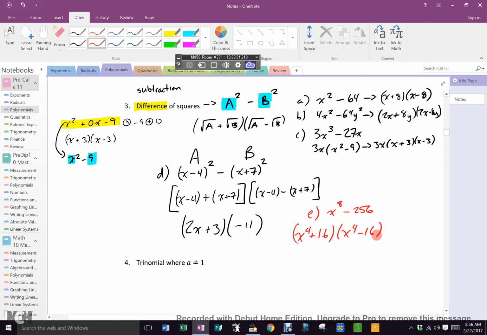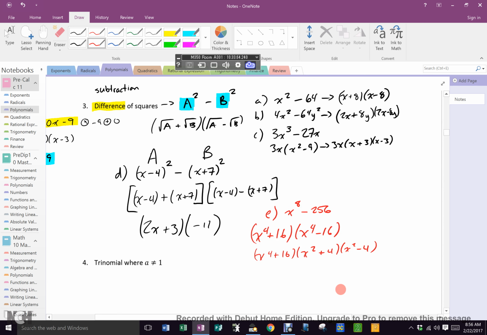Why not? Because that's got a square root and that's got a square root, doesn't it? So I have x to the 4th plus 16, x squared plus 4, x squared minus 4. Am I done? No, why?